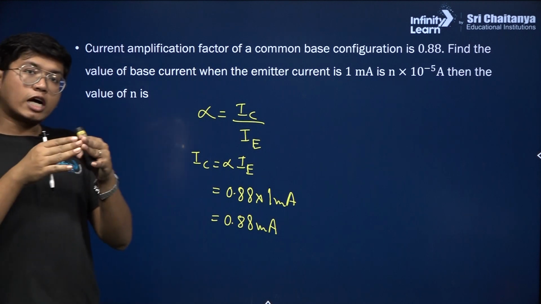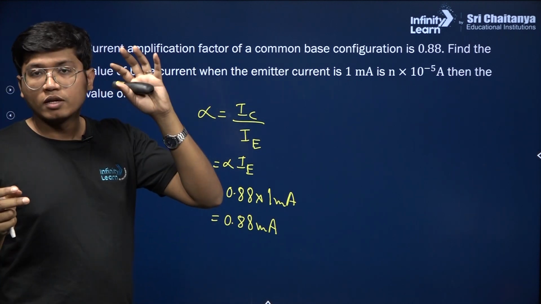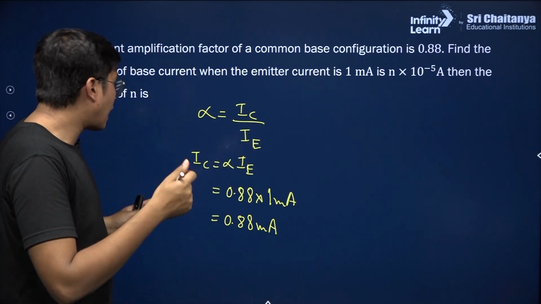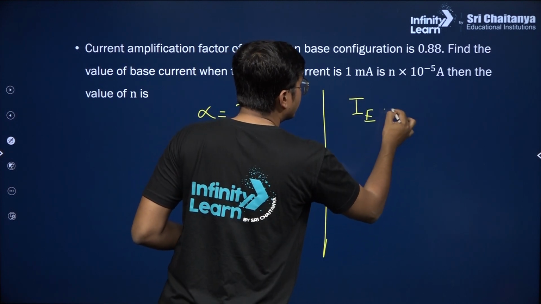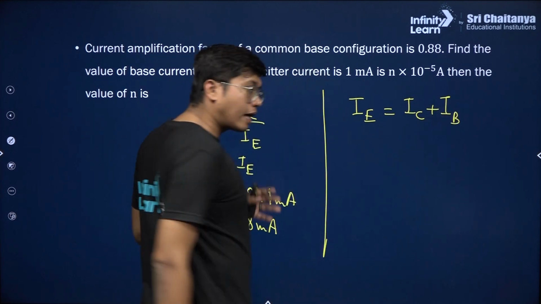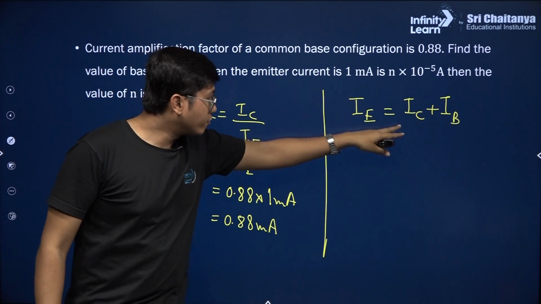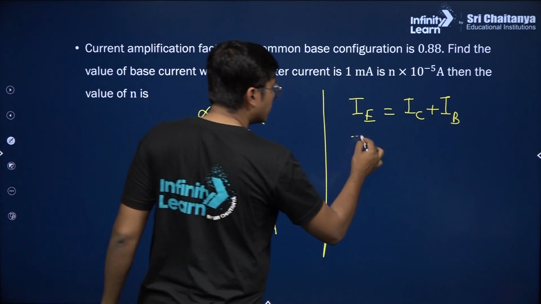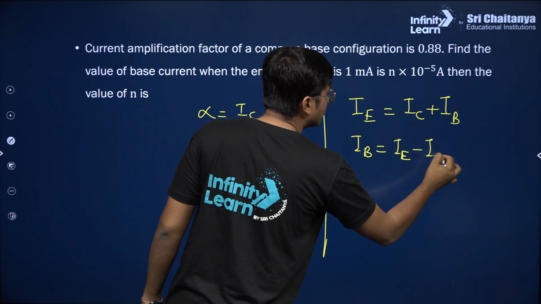Now we know at the junction where the transistor is, there you should have Kirchhoff's law, and from that we also know that IE, the emitter current, should be equal to the collector current plus the base current, the standard relation. We have the emitter current already given to us. We have just found the collector current, which means we can find the base current. IB would be equal to IE minus IC.